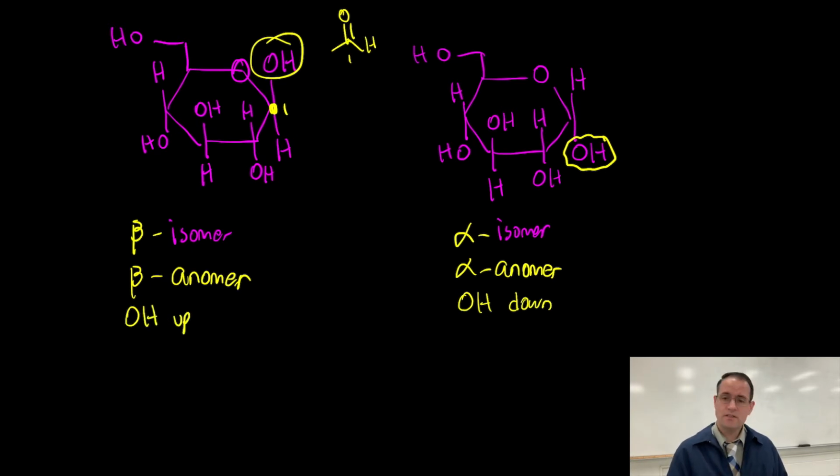These two molecules are called anomers. Anomers are molecules that are stereoisomers at the anomeric carbon, carbon 1, which is the result of this cyclization process, okay? So carbon 1 is the anomeric carbon. And that's also the anomeric carbon.